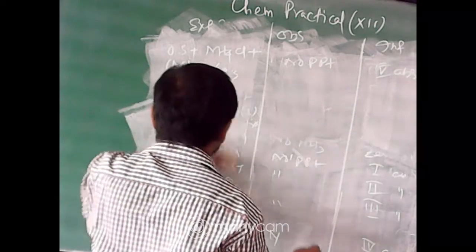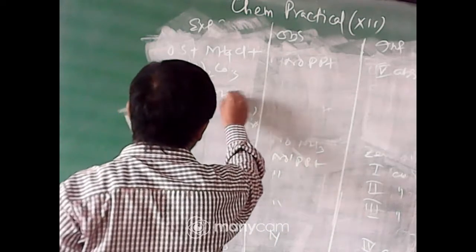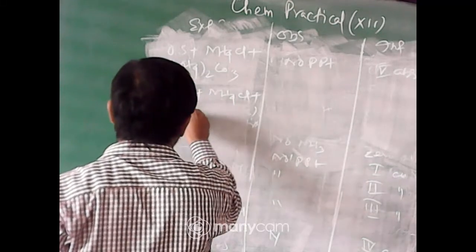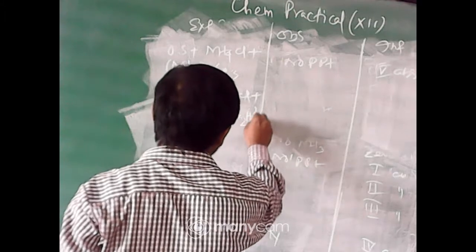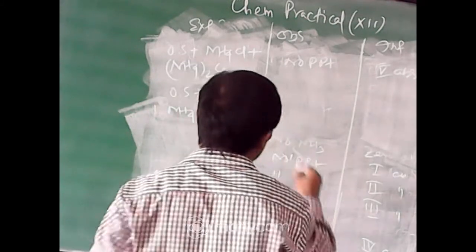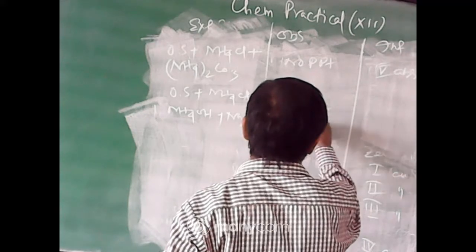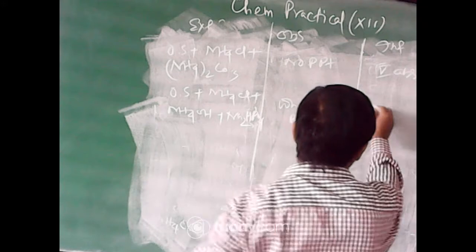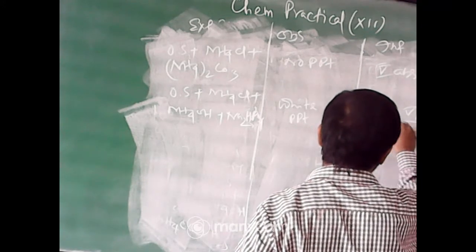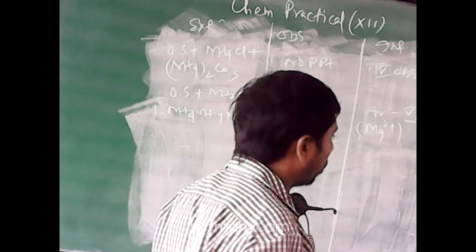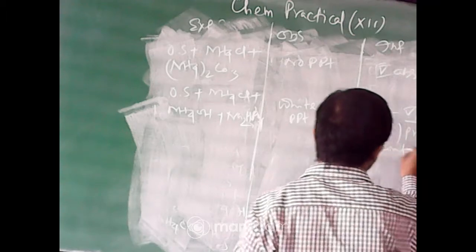So taking the remaining solution, OS plus NH4Cl plus NH4OH plus Na2HPO4, disodium hydrogen phosphate, gives a white PPT. White PPT means group 6 present, within bracket magnesium 2 plus, because it is only one cation. Group 6 magnesium 2 plus present and confirmed.